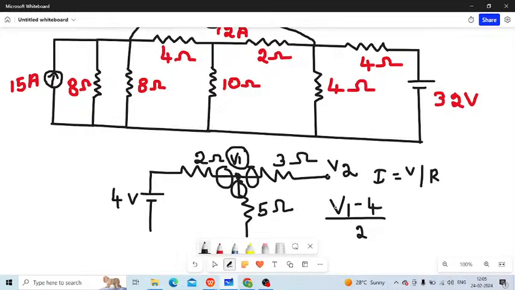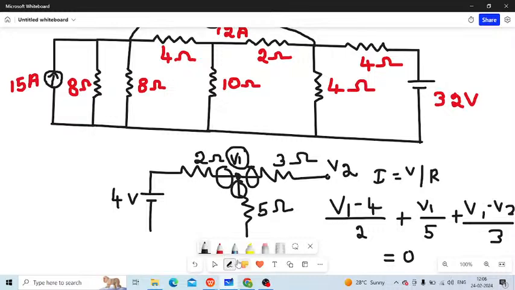So you subtract the first voltage minus the second voltage, divided by 2, plus V1 by 5, plus (V1 minus V2) whole divided by 3, which is equal to 0. You don't have any current, so it is 0, right?